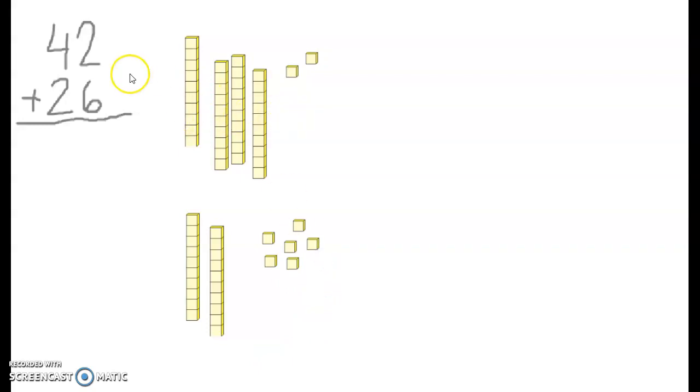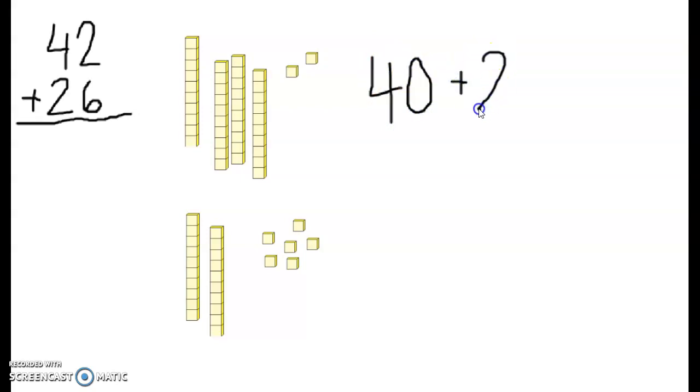Now, if I write these numbers and the value of the base 10 blocks separately as tens and separately as ones, I can write 42 as 40 plus 2, and I can write these base 10 blocks as 10, 20 plus 6.